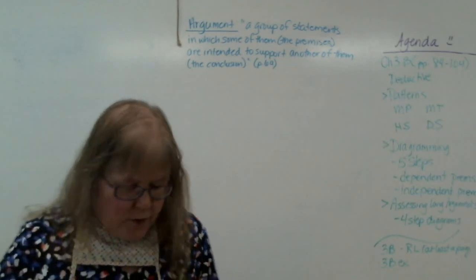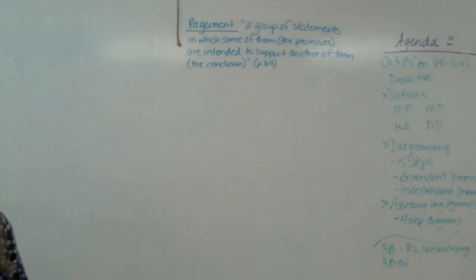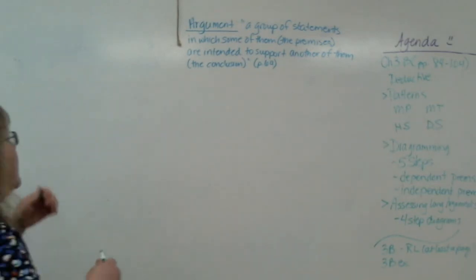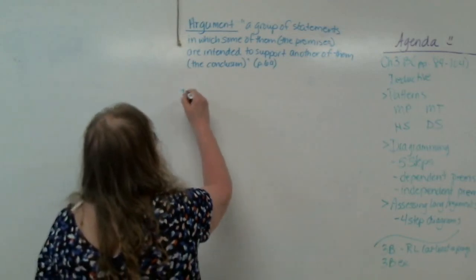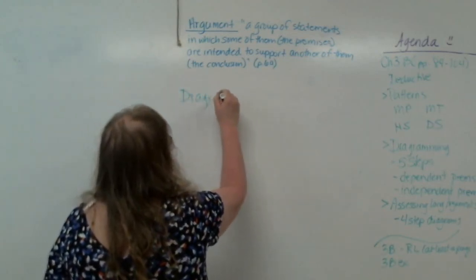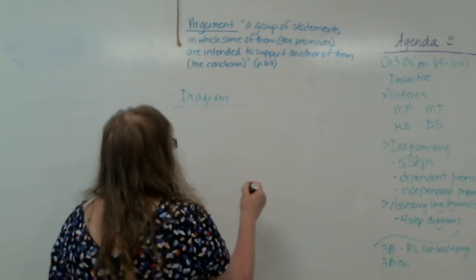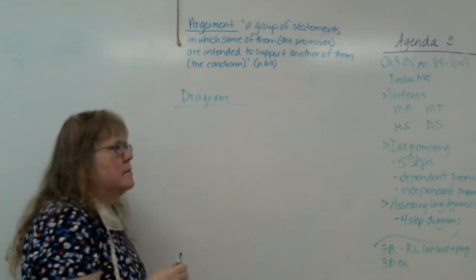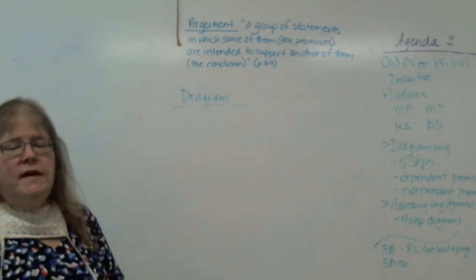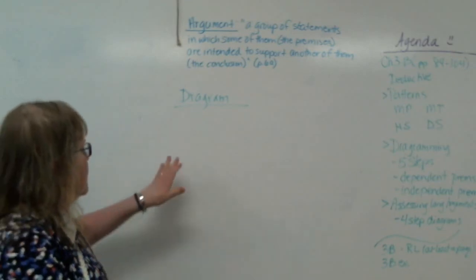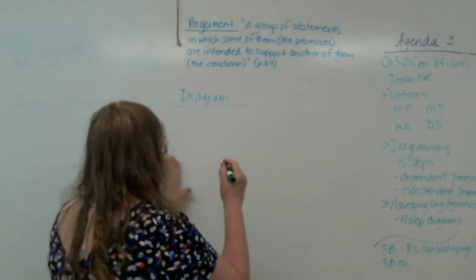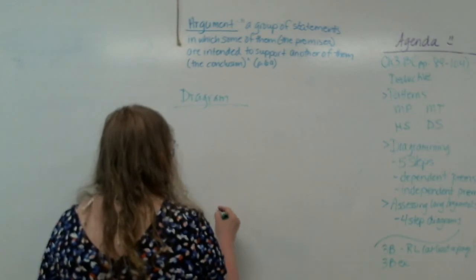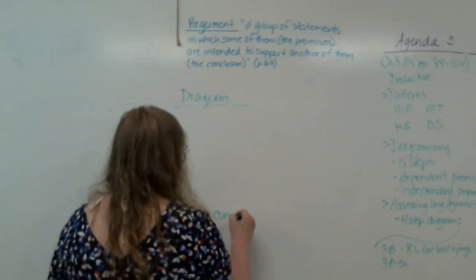And then you're going to diagram. You're going to draw a diagram that looks like a really abbreviated flow chart, if you know what those are. At the bottom is whatever number your conclusion is.